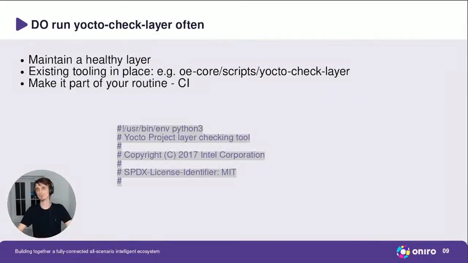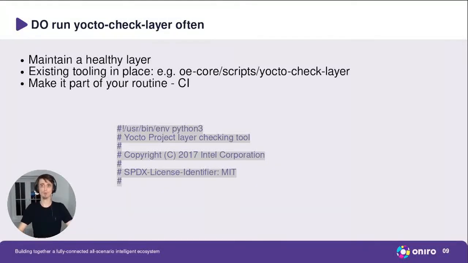Do run yocto-check-layer often, and the reason here is quite trivial. Maintaining a healthy layer, and there is already tooling in place. There is a script called yocto-check-layer in the scripts subdirectory of OE-core, and that's going to check your layer against some of the assumptions of the ecosystem. It's also one of the prerequisites for the Yocto Compatible program.